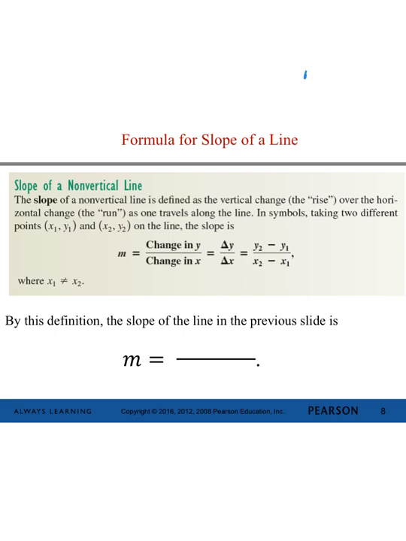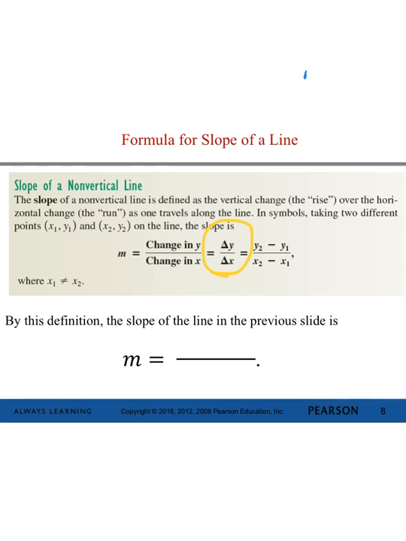So here's the formula for the slope of a line. And as I said, it's delta y over delta x. The way you find the change in the y's is you subtract the y values. And the way you find the change in the x is you subtract the x values. But you need to keep in mind that it's important that you have those x's and y's in the same order. We're going to talk a lot about that.